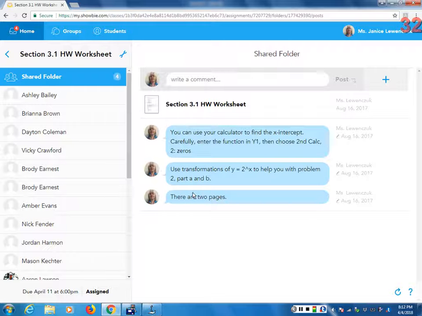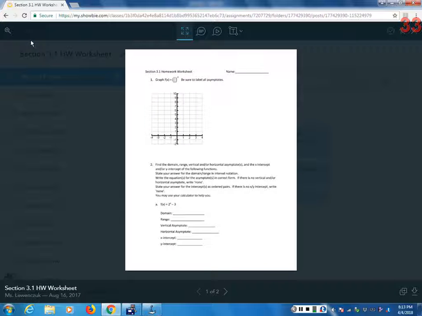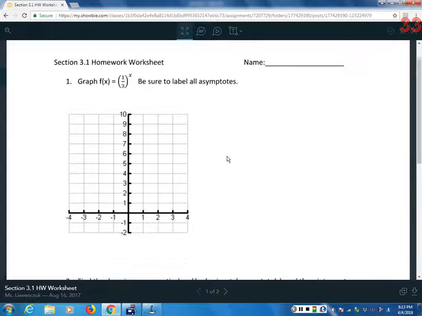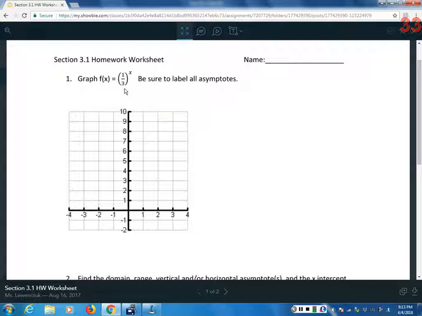I'm mentioning that you can use your calculator. I'll show you how to do that with an example here in a minute. But here's the thing. You're going to be graphing f of x equals 1/3 to the x, and label your asymptotes. Oh, there's only one.